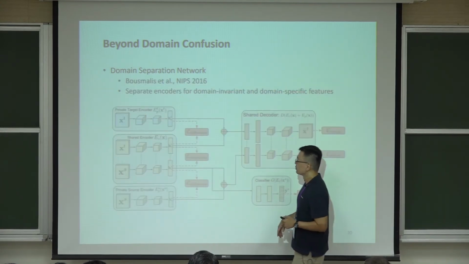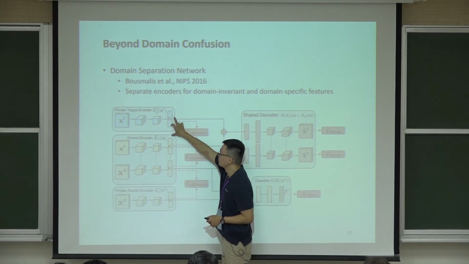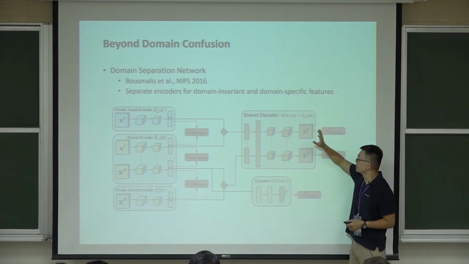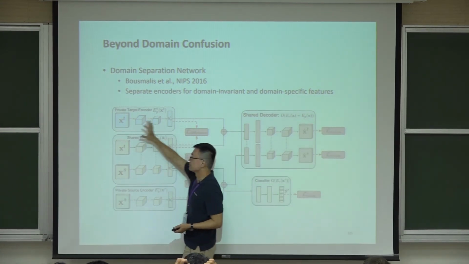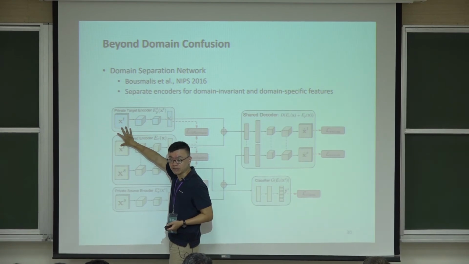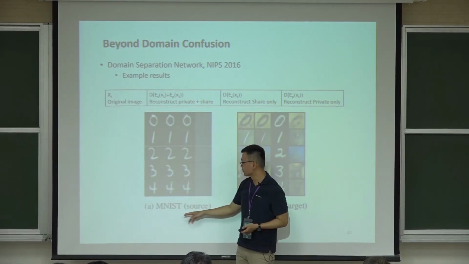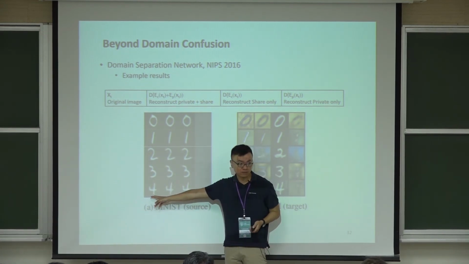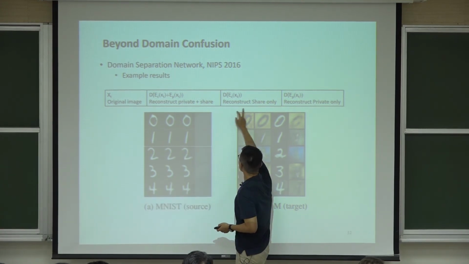That means we take this one and this one to do data reconstruction. So ideally, this image should be exactly the same as our input target domain image, right? So let's see if that is the case. Yes, for this data set, the second column looks very similar to the first column.